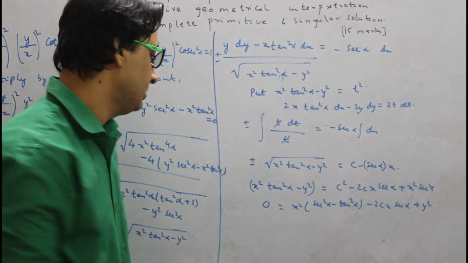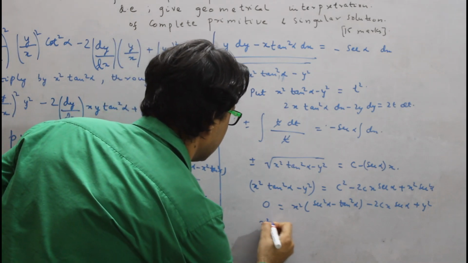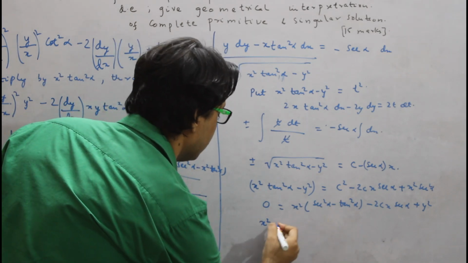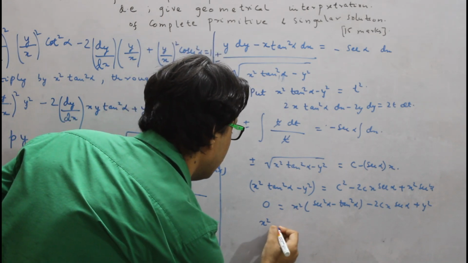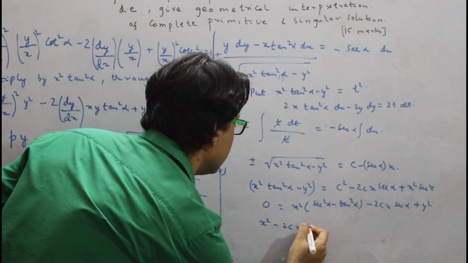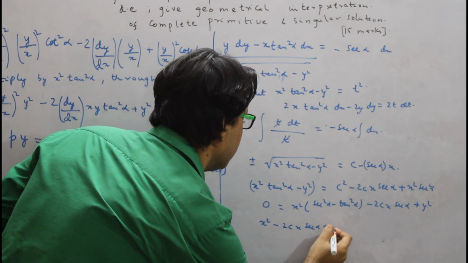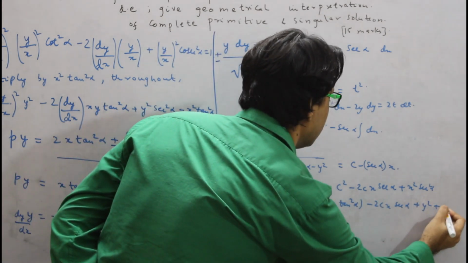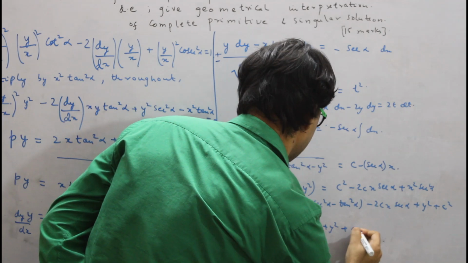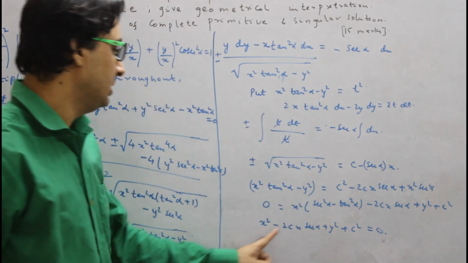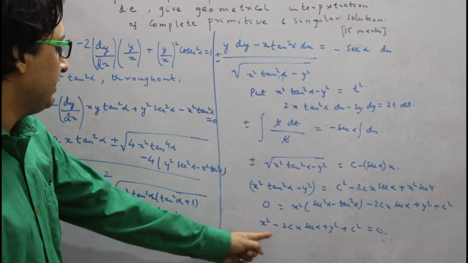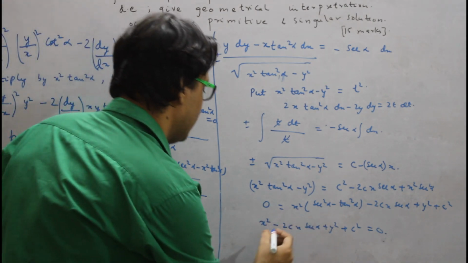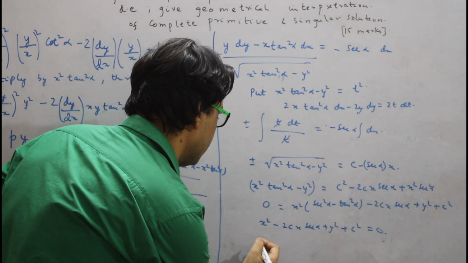So we have got this as x square, this is 1, and this is our 2cx sec alpha plus y square, and we have forgotten here c square. So we have got this as the equation of a circle.